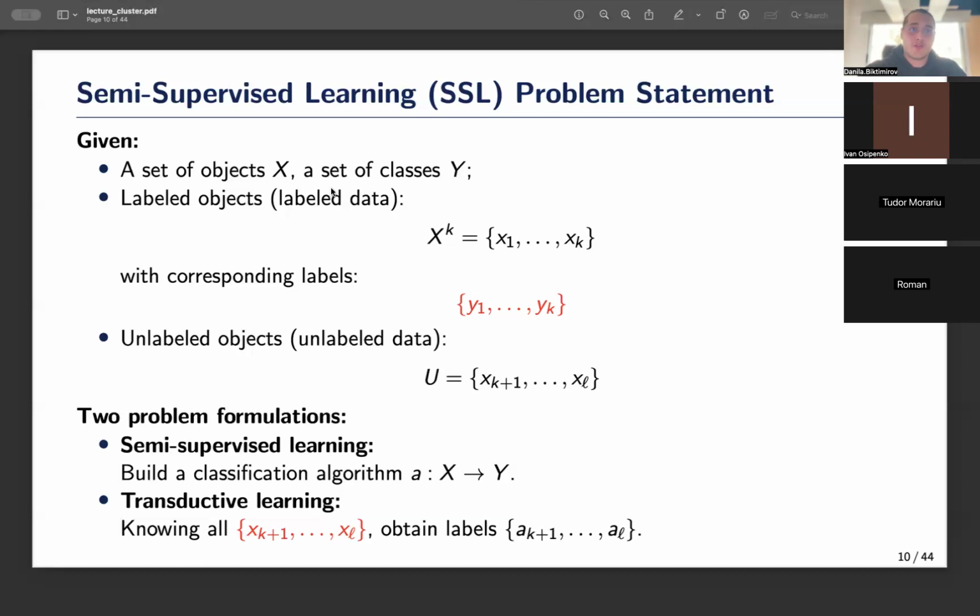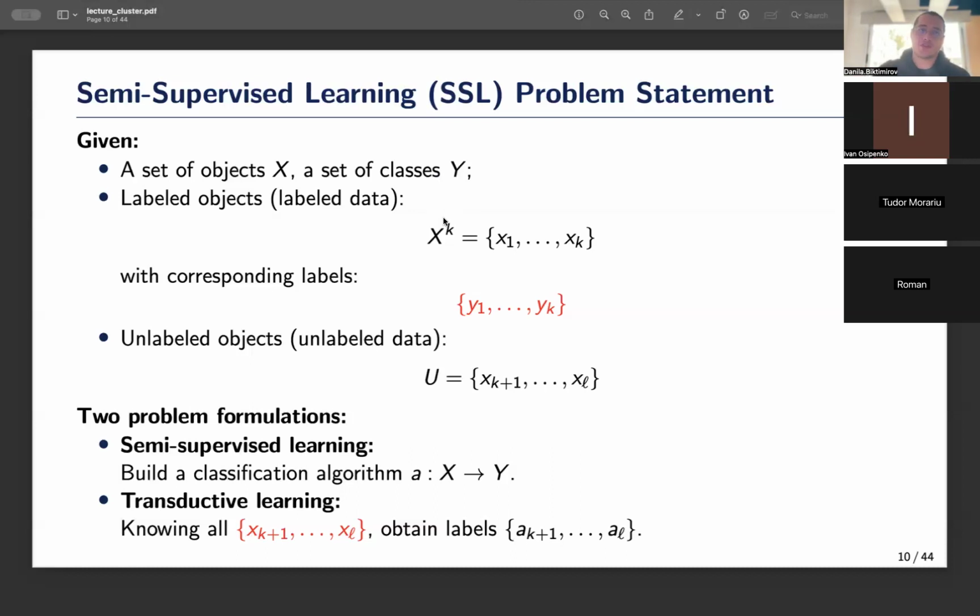For example, if we have this labeled data, we have some classes, so we can refer to them. We know the classes, we know some examples corresponding to the objects, and we just need to assign the other, unlabeled objects to our known labels.